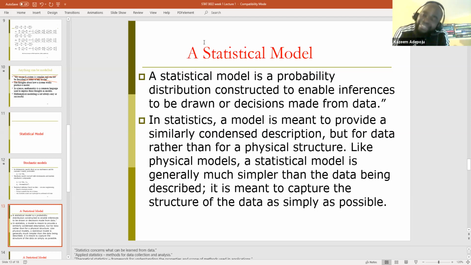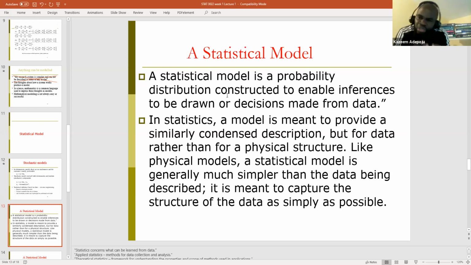It's a probabilistic model, because that model is also giving room for chance. And that is the reason why we say a statistical model is a probability distribution constructed to enable inferences. What do we call inference? Inference is a judgment.